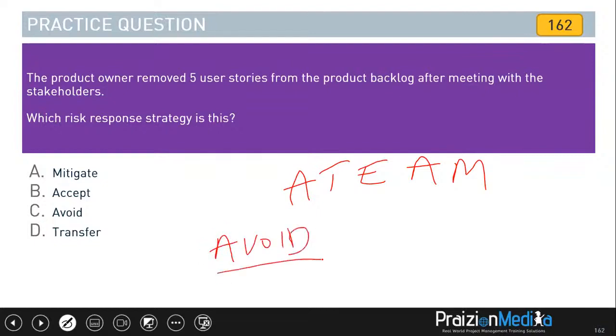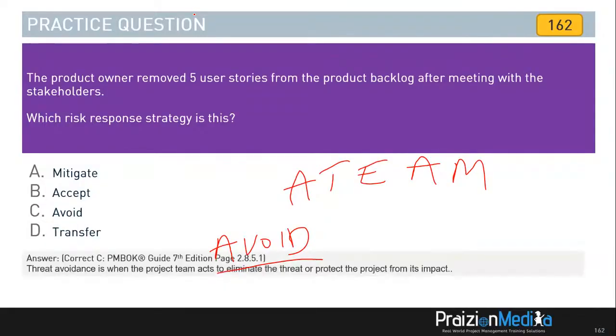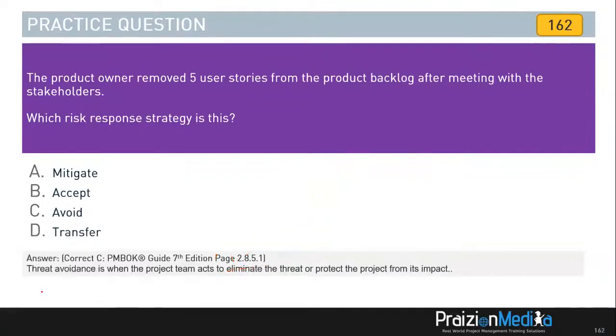You've not mitigated because there's nothing left. You've cut it off. You've cut off the problem. Okay, so the best answer here, my friends, is avoid. The avoid strategy. Whenever you cut off some of the scope, just remember that is an avoidance strategy.